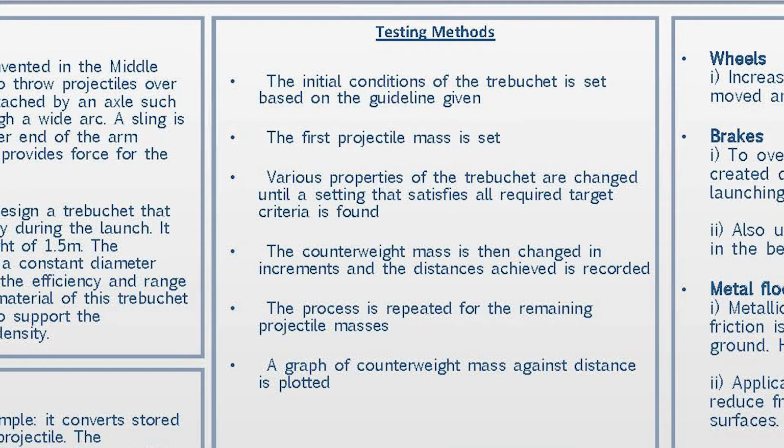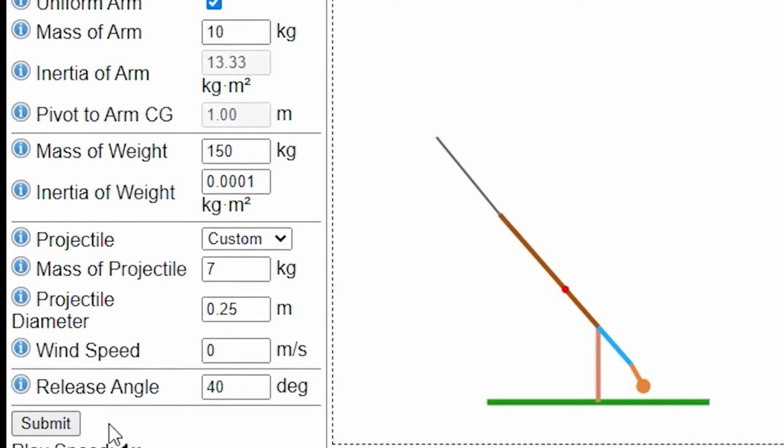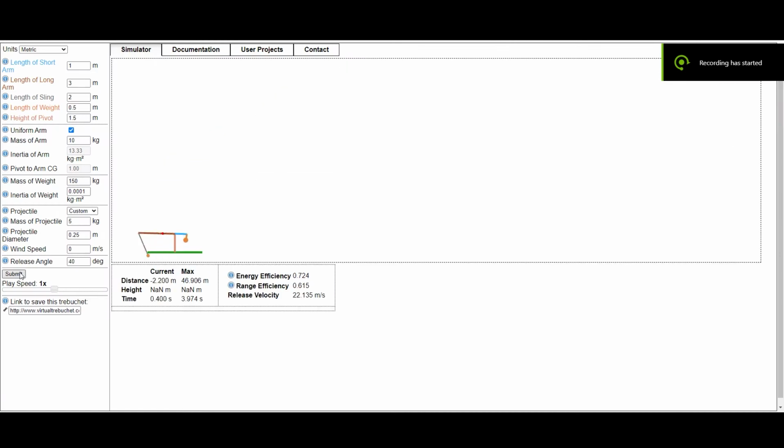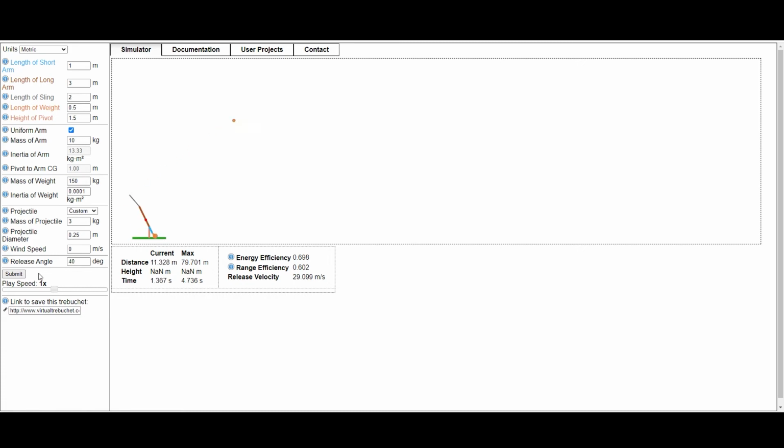To obtain our range, we first input our initial conditions into the virtual trebuchet simulator. Then, the first projectile mass, which is 3 kg, was set in the first case. After that, various properties were changed and the simulator was run until a setting that satisfied all our target specification was found.